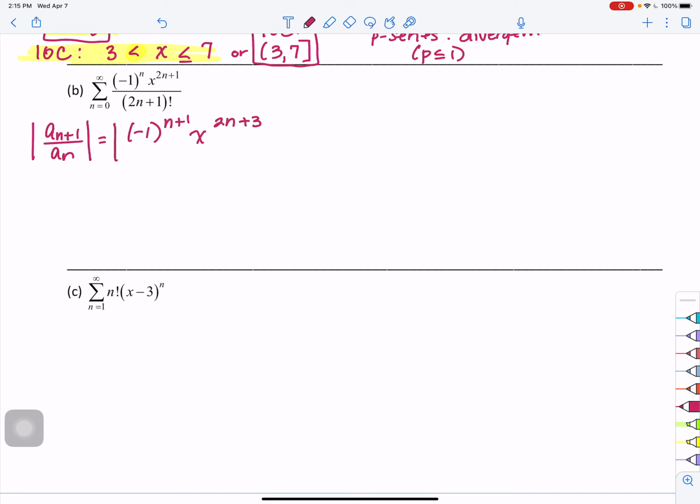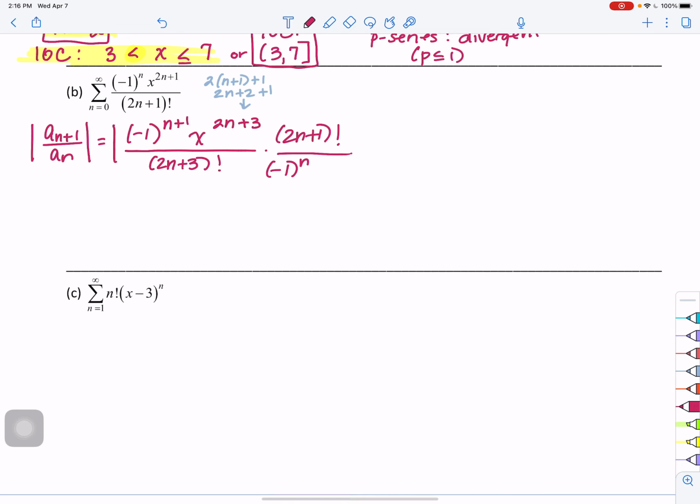So you'll have to convince yourself that when you have a 2n and you put an n plus 1 in there, you end up with 2n plus 2 plus 1, and that's how you end up with 2n plus 3. Okay, all divided by 2n plus 3 factorial multiplied by 2n plus 1 factorial, negative 1 to the n, x to the 2n plus 1.